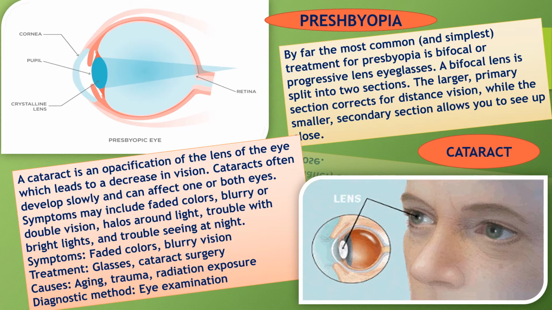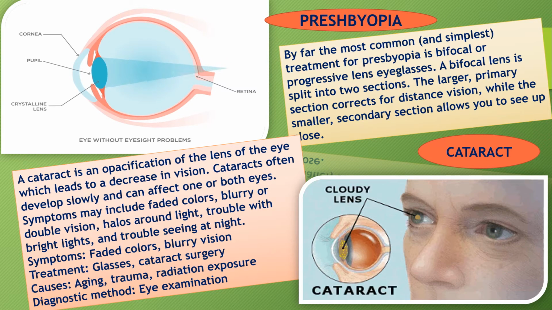Now see the diagram. It shows what presbyopia actually is. See, the first image is going beyond the retina. After that, either it is going beyond the retina or it is coming inside the retina. So the image will not form on the retina.